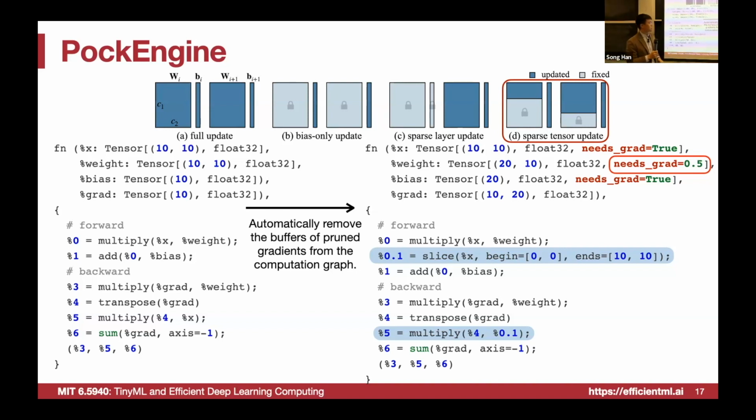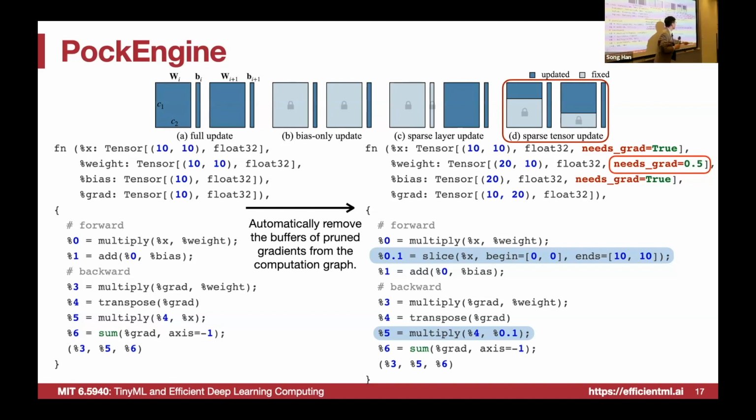So here, starting with the full update, this is the partial update. We mark need grad to be half, showing that only half of that weight is going to be updated. And therefore, rather than multiplying with the whole activation tensor, we are going to slice only a portion of that.